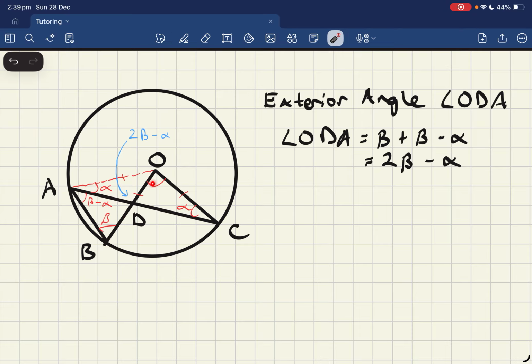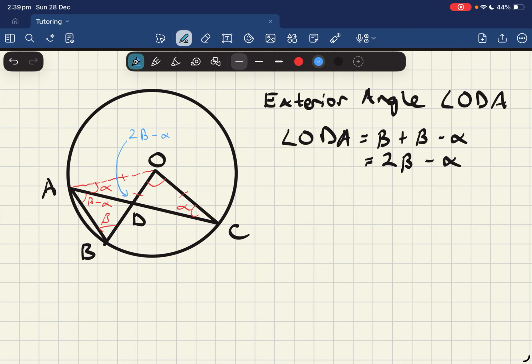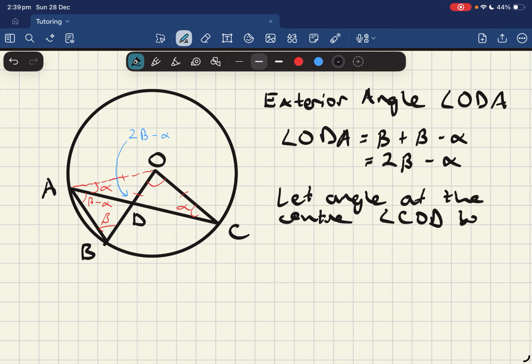Now remember, we're trying to find angle BOC. We're trying to find this angle here and show that it's two lots of this angle at the circumference, beta minus alpha. So we're going to let the angle at the center, let's call this COD, be X. Now, we know that the exterior angle equals the sum of the two interior opposite angles.